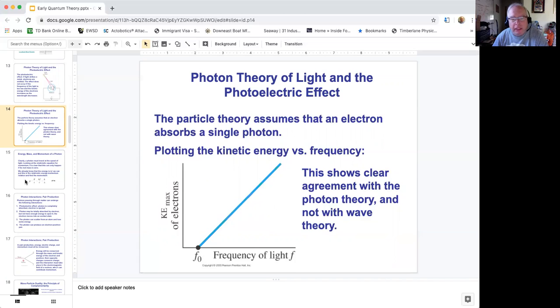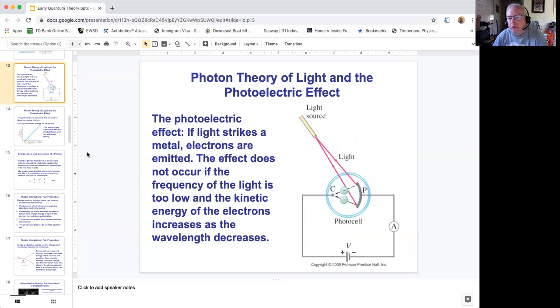Now, if a photon can have a collision with an electron, because that's essentially what's happening, you have this particle of energy that hits an electron and essentially ionizes it, so it becomes liberated from its original atom, then that implies some kind of collision.